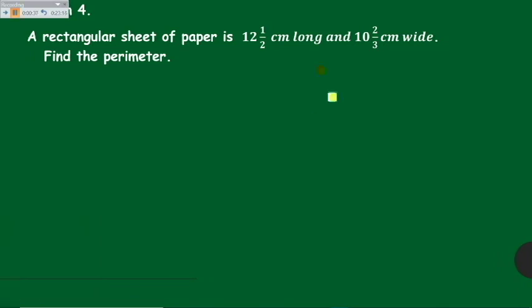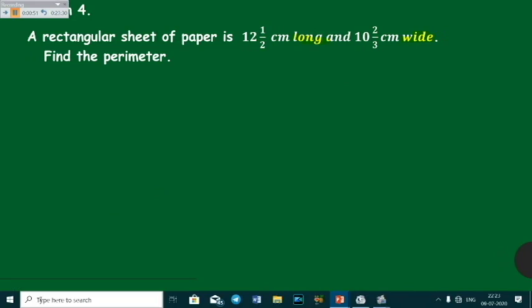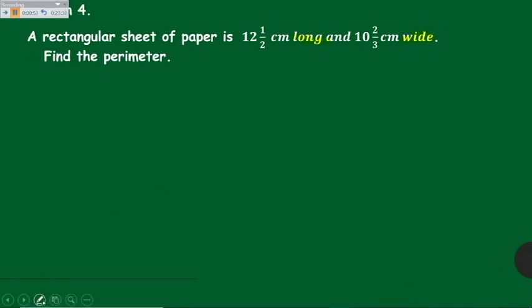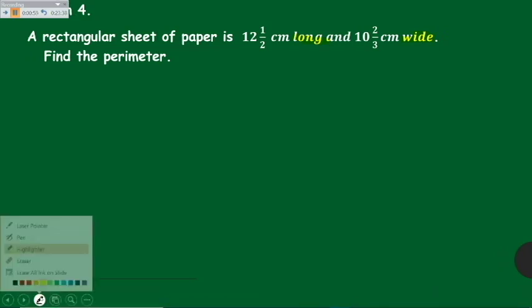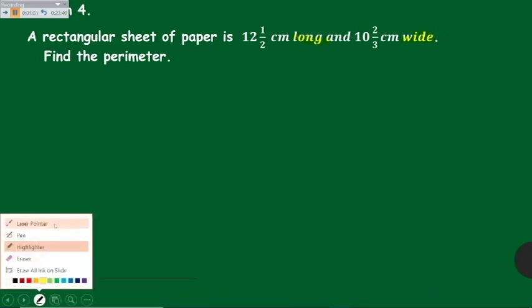What is the meaning of long? Here long means length and wide means breadth. So length is equal to 12 whole 1 by 2 and breadth is equal to 10 whole 2 by 3 centimeter. Both values are given in centimeter.